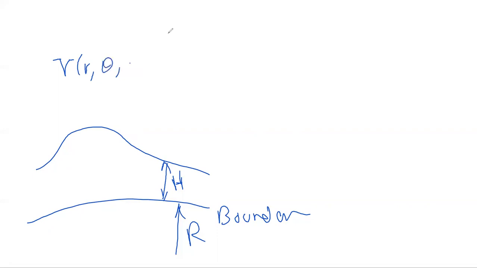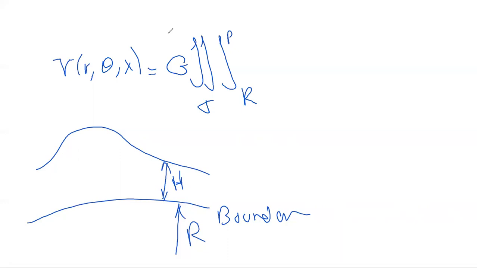The colatitude theta and longitude lambda; G is the Newtonian gravitational constant, with a surface integral over the whole sphere, a unit sphere or the globe, and a radial integral from R to R plus H. I will write H prime, because H prime means the integration points at the surface.